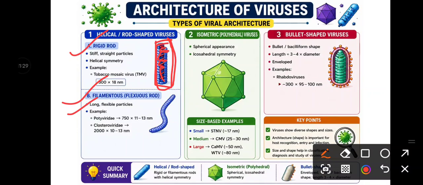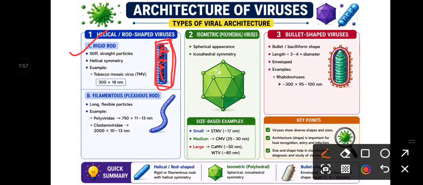An example of a rigid rod or straight particle with helical symmetry is TMV, the first plant virus that was scientifically studied, and its size is 300 into 18 nm. Remember this also. Size of the virus is also very important.